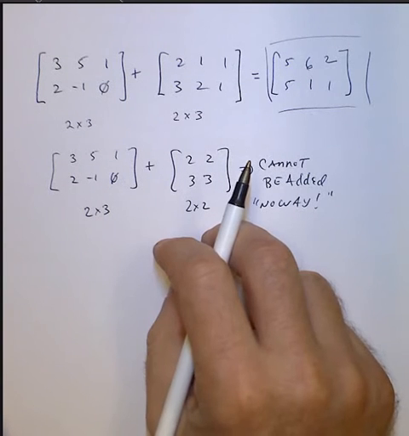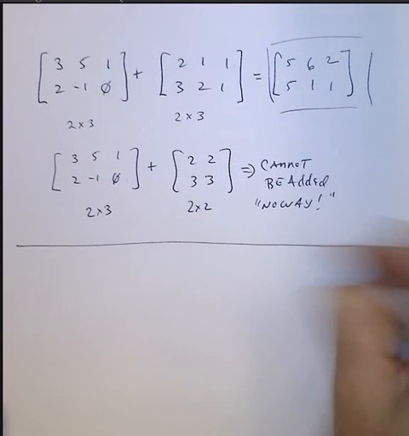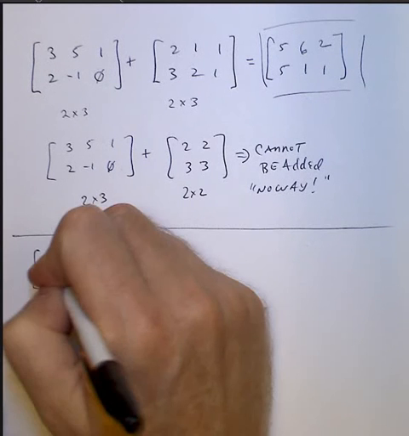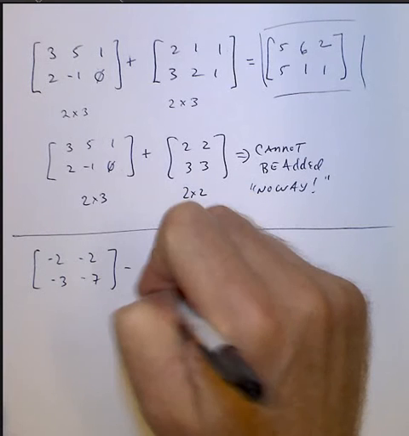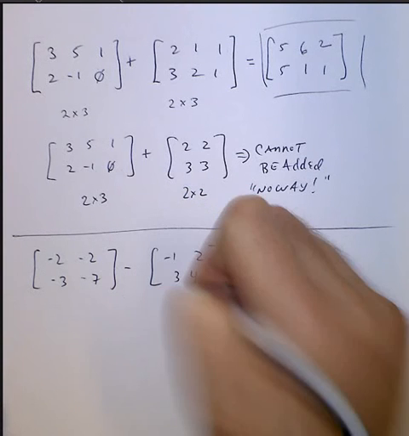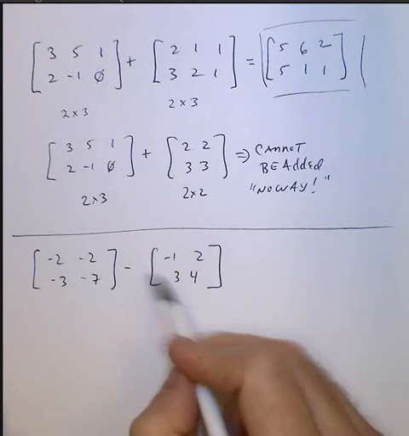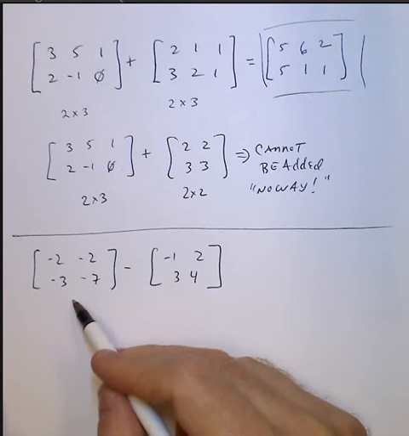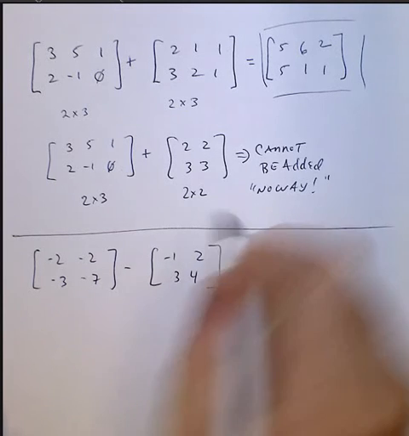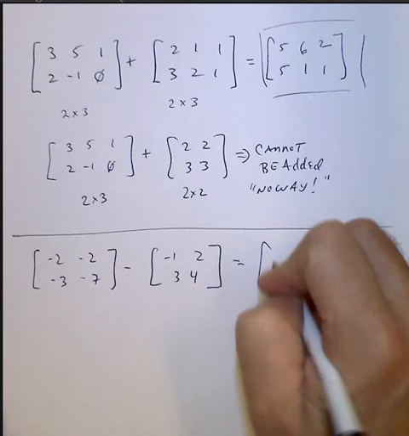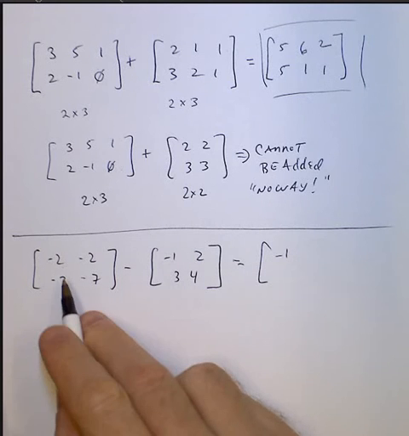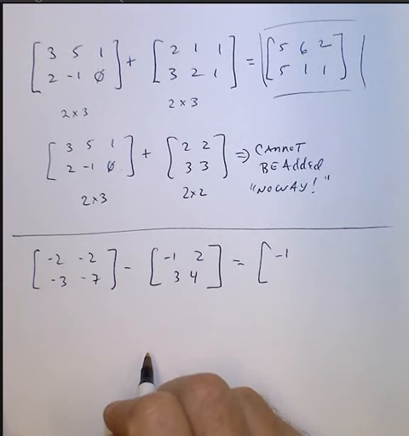And subtraction works the same way. What you just need to be careful of is negatives. So if I subtracted these two matrices, the first thing I'm checking, are they the same dimension? Yes, this is a 2 by 2, this is a 2 by 2. So I'm going to do negative 2 minus negative 1, which is negative 1.